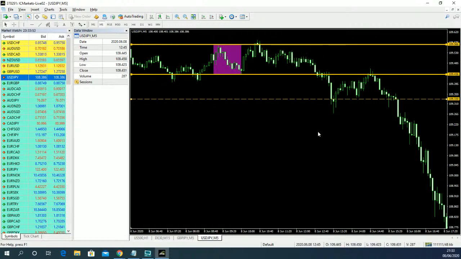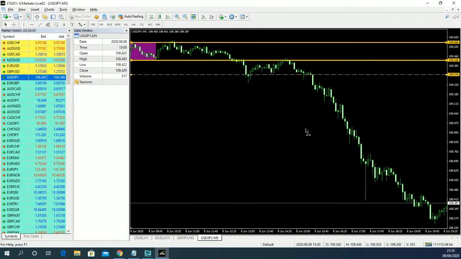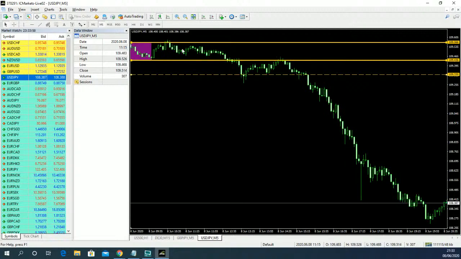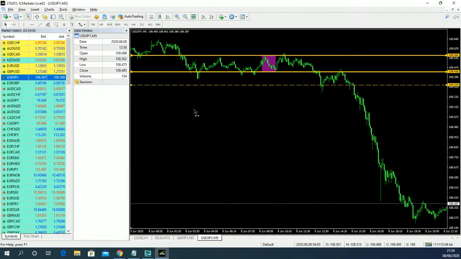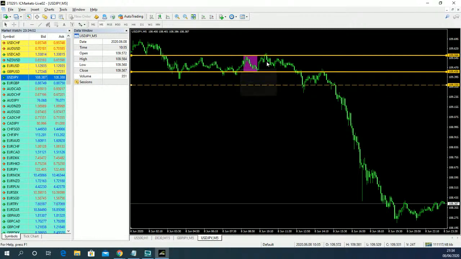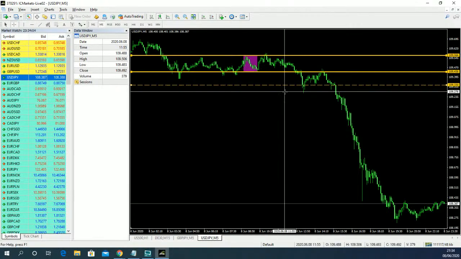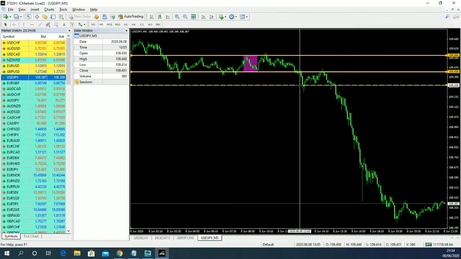Now let's see how many pips we are able to garner together for the day. 13 pips is our TP1, and from here we went into the trade. We're able to get 107 pips. 13 pips is our target, and we got 107.